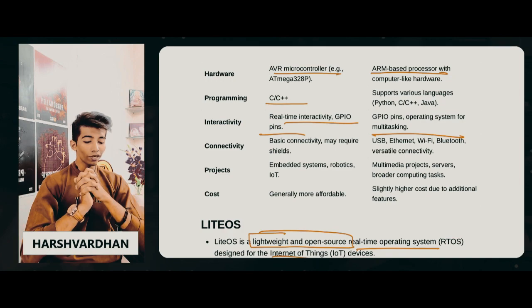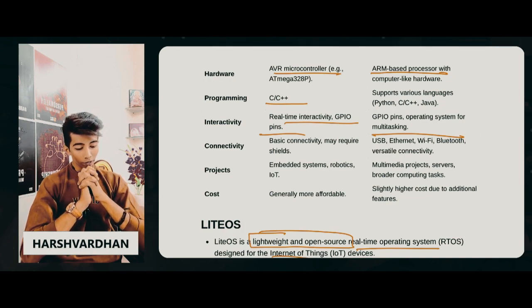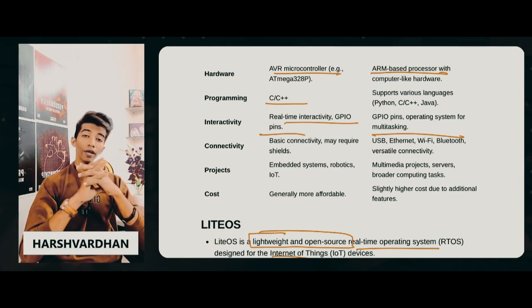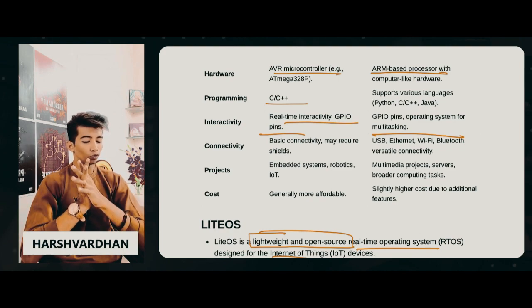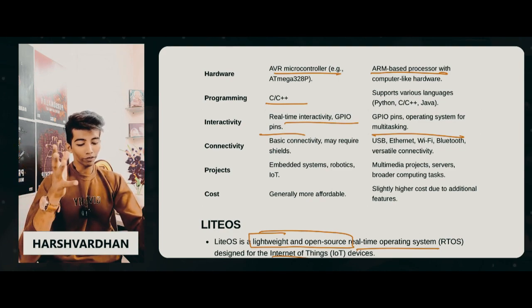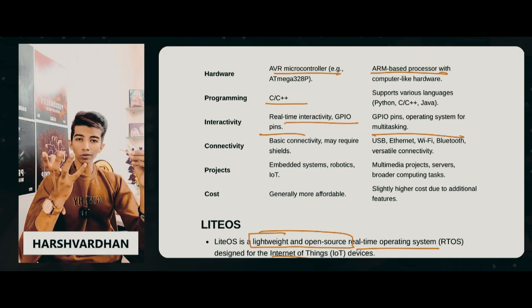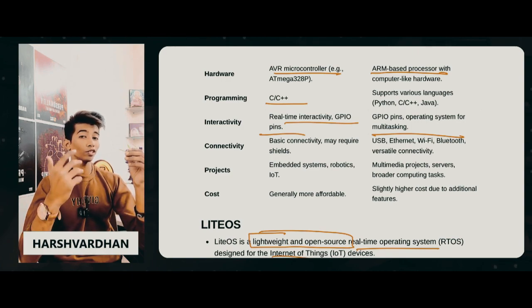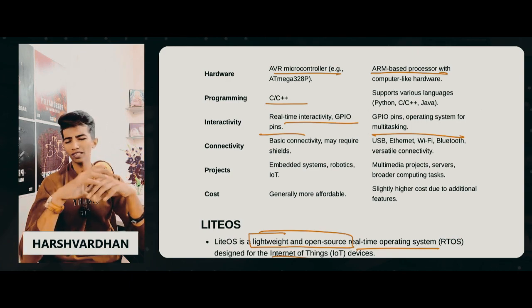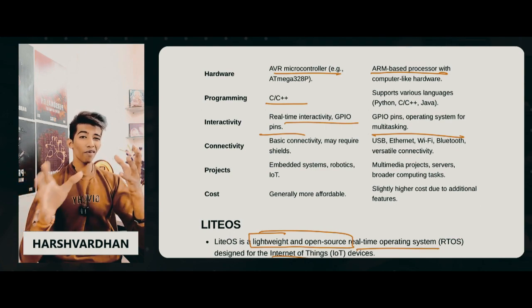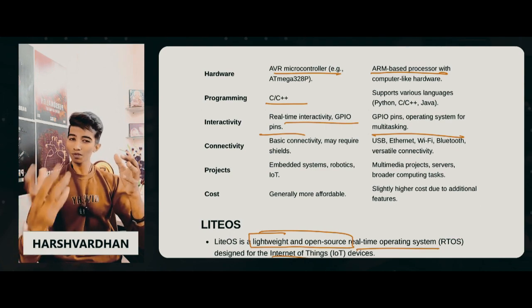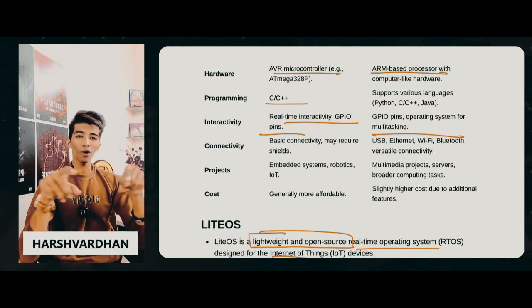Basic connectivity on Arduino may require shields, but Raspberry Pi has USB, Ethernet, Wi-Fi, Bluetooth and versatile connectivity. You can develop embedded system projects with Arduino, but with Raspberry Pi you can develop multimedia projects involving massive use of LEDs. You can even develop a very simple display using just one Raspberry Pi board.